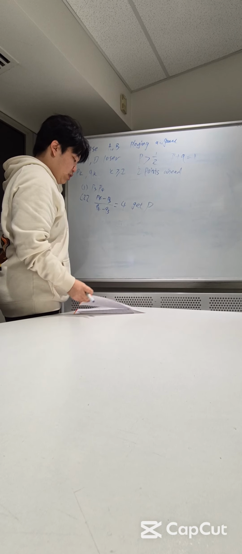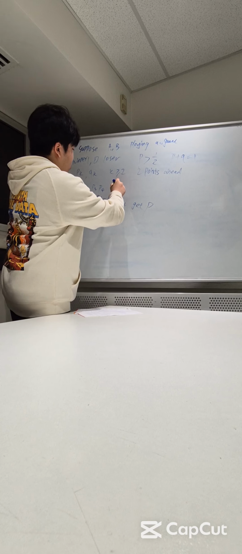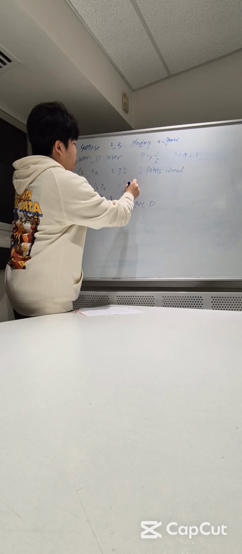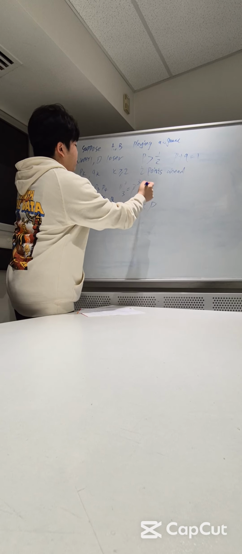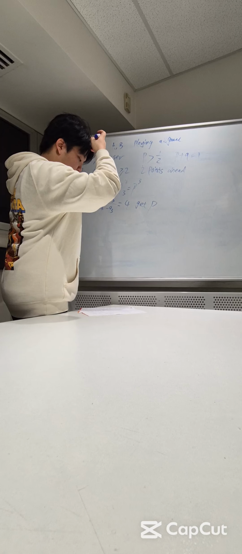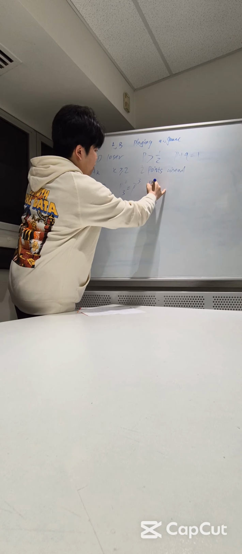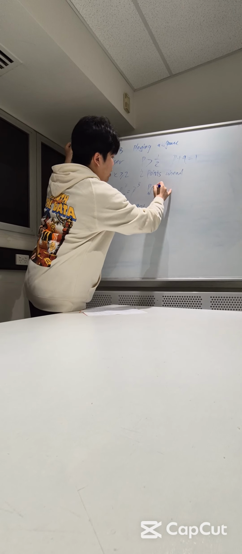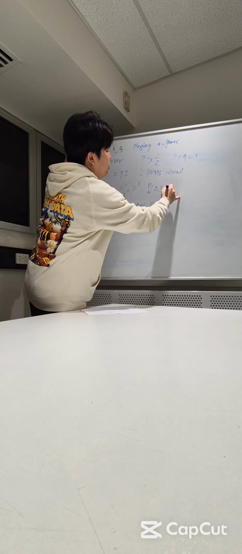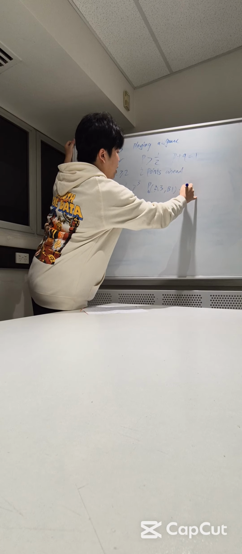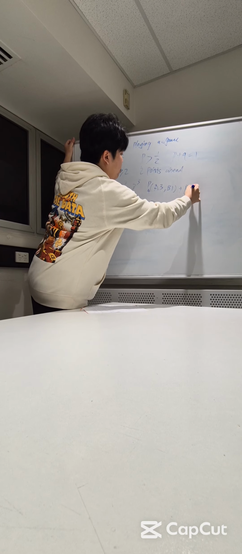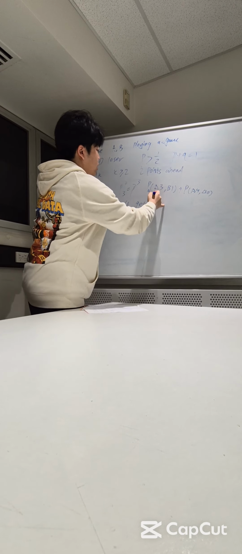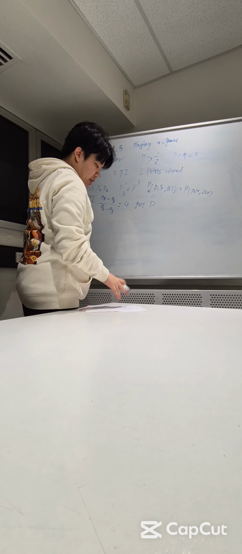So P3 is very simple, right? P3 should be just P cubed, and then P4 would be the probability of A winning 3 games and B winning 1 game, plus A winning 4 games and B winning 0 games. It's actually very simple.